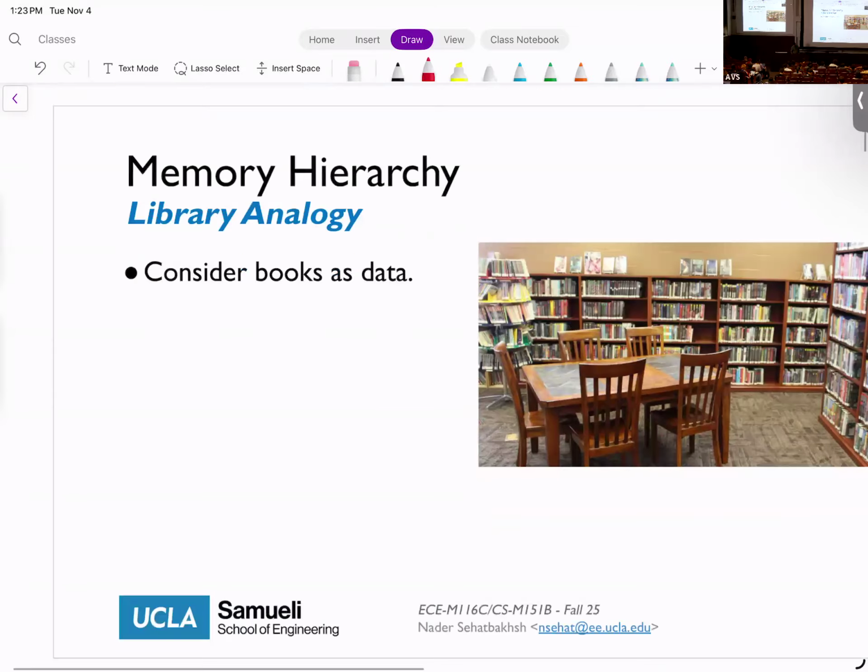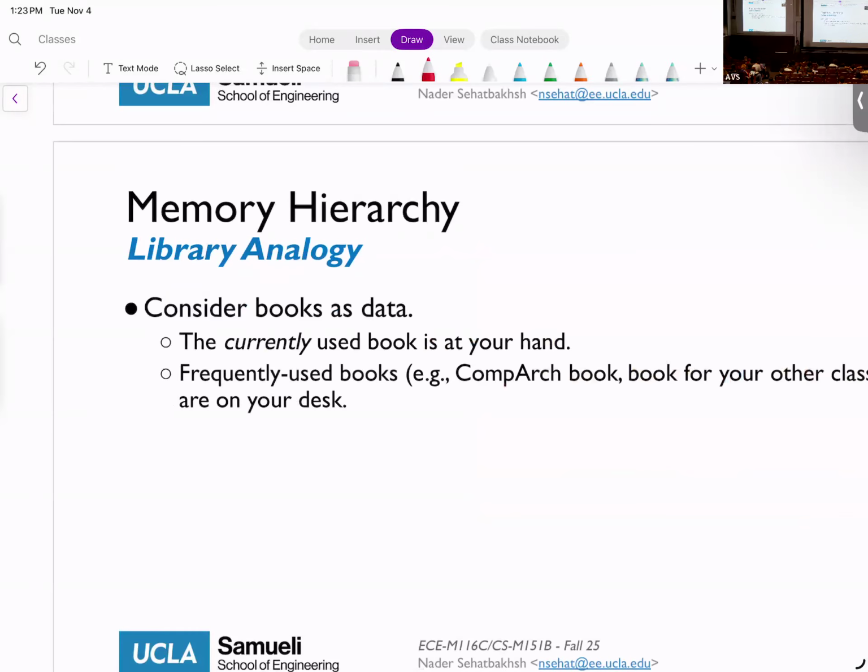So what do you do instead? You create a hierarchy, right? So you get some of the books, you either buy them or rent them, and you carry some of them in your bag. And furthermore, now that it's midterm season, for example, you have an exam next week, the book that you're going to use, you probably put it on your desk, right? Or you're going to put it in some form of storage in your room.